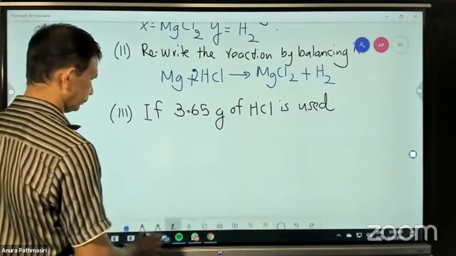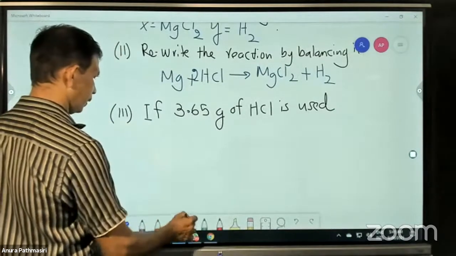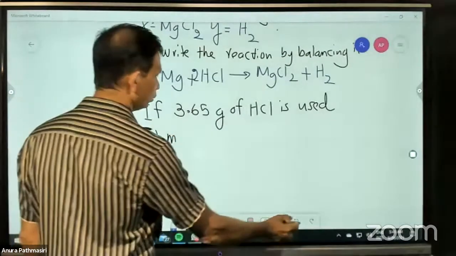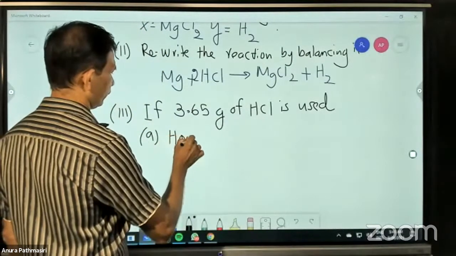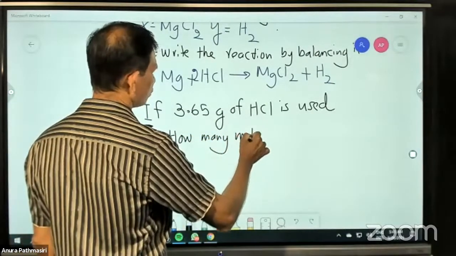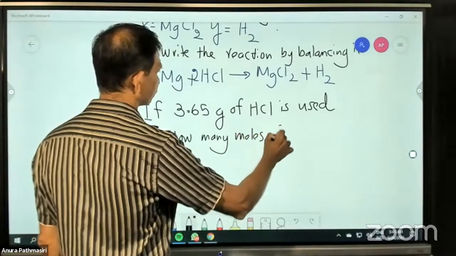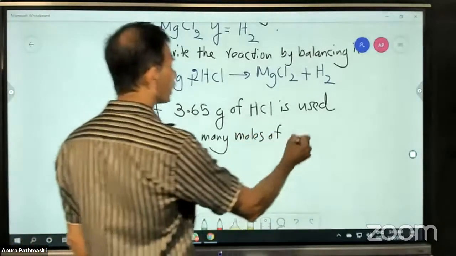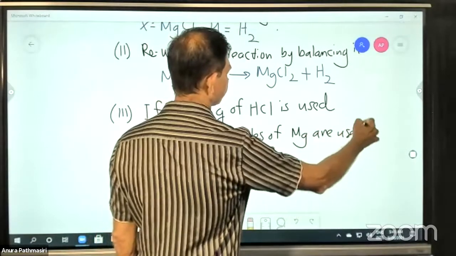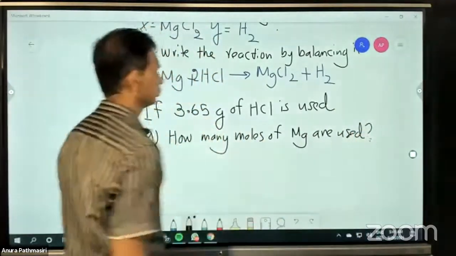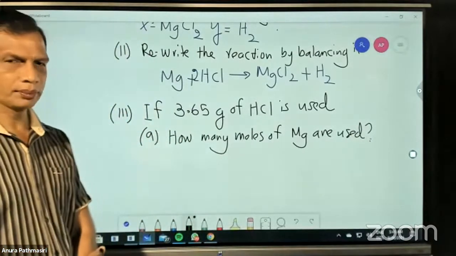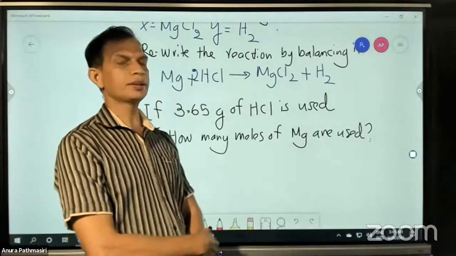If 3.65 gram of HCl is used, how many moles of magnesium are used?